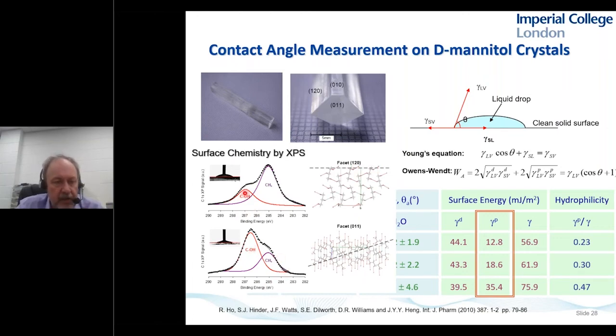You can see the concentration of hydroxyl groups is probably 4 times higher, because where the crystal facet goes through the lattice, we end up with a lot more hydroxyl groups pointing out of the lattice structure on the 011 face. So the contact angles simply reflect the chemistry of the crystal faces, pure and simple.